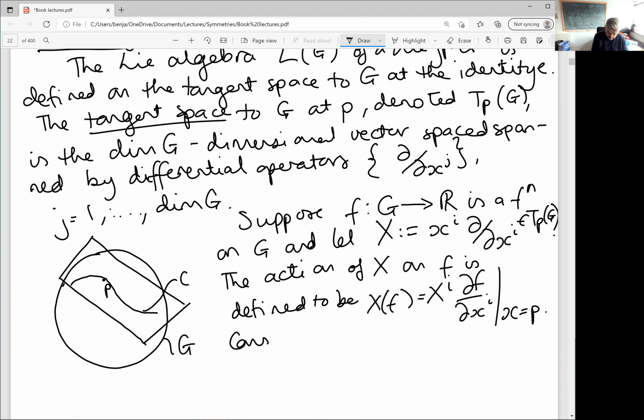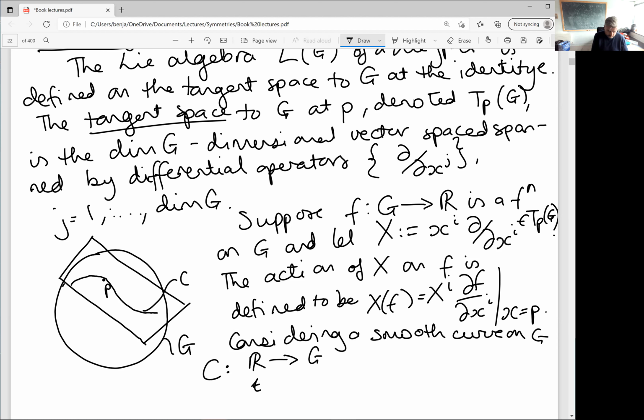So it's a smooth curve on G, which we call C, and it maps a real number, which we call t, to G. It has some coordinates, each of which is a function of t, going through the point P at t equals 0.